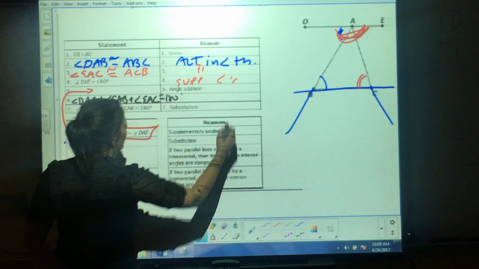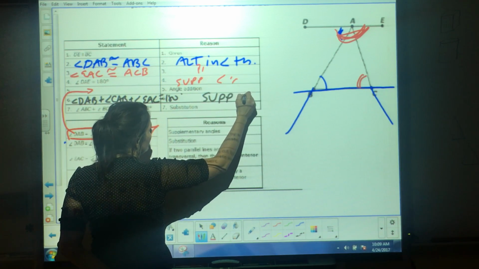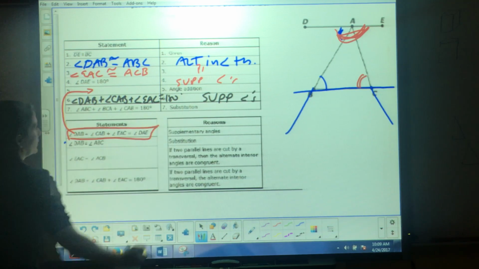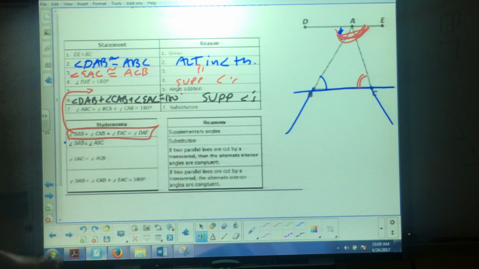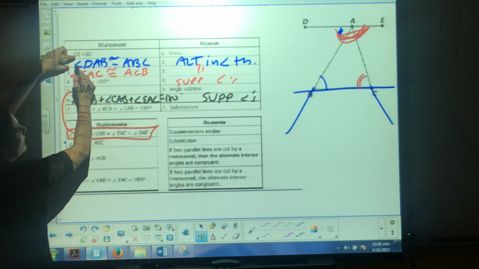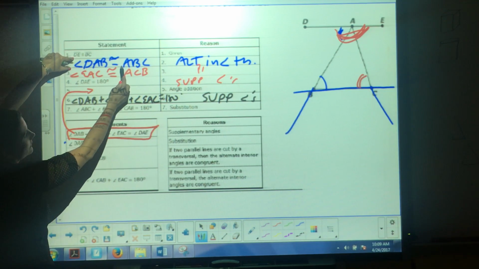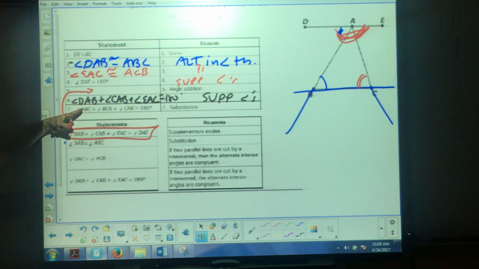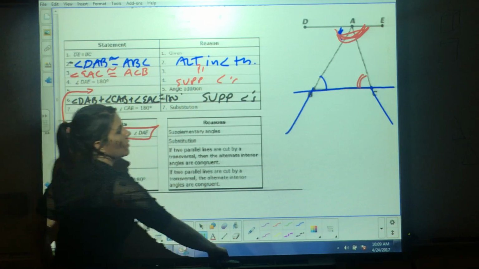Again, you write supplementary angles there. The reason I did that is because our last line shows substitution. We already said that DAB is congruent to ABC, so I took that and replaced it with ABC. That's our ultimate goal.